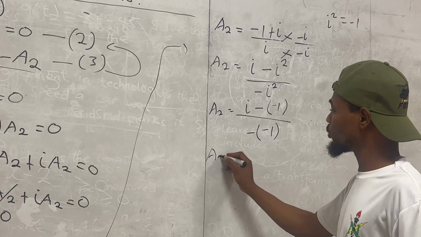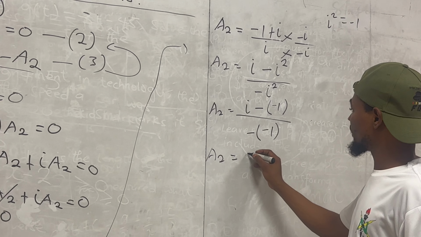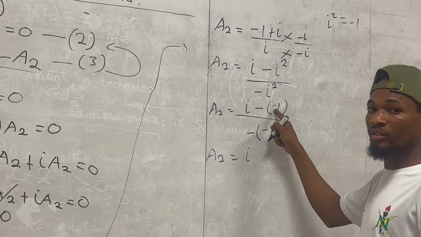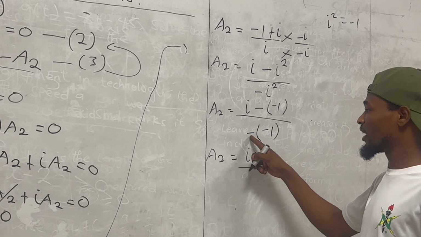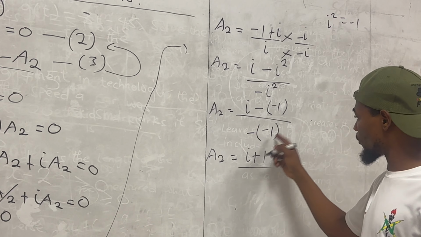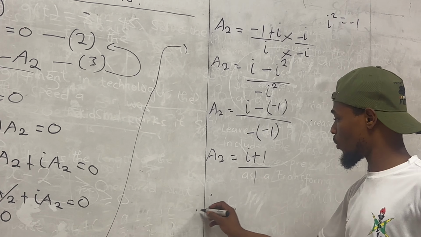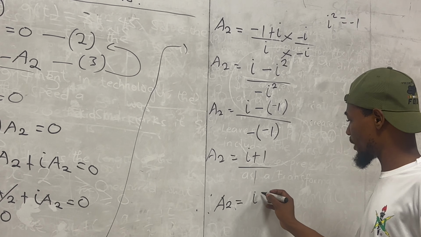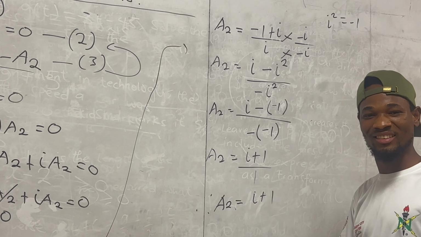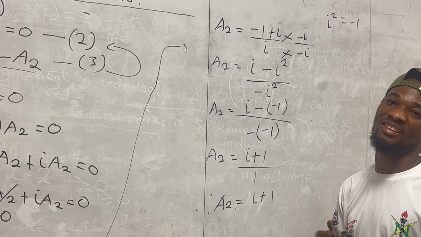So A2 is equal to i, then negative times negative is positive 1, all over positive 1. So therefore, A2 is equal to i plus 1. As simple as that.